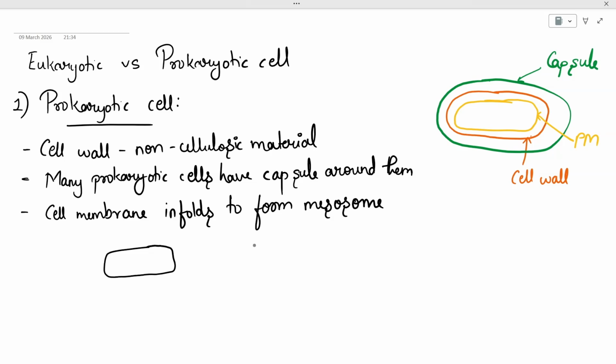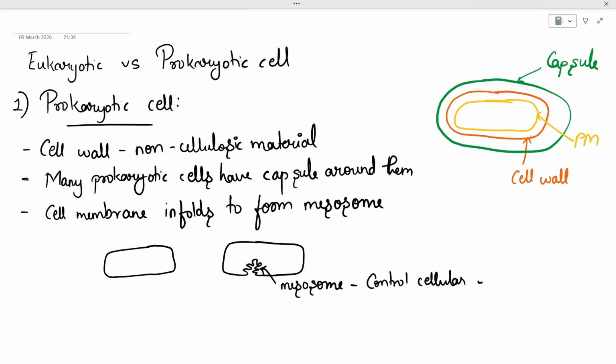Now this cell membrane will fold inwards like this, and this will form a structure. This structure is known as mesosome. So mesosome is formed by the unfolding of the cell membrane. Now what is the function of the mesosome? It is able to control cellular respiration.